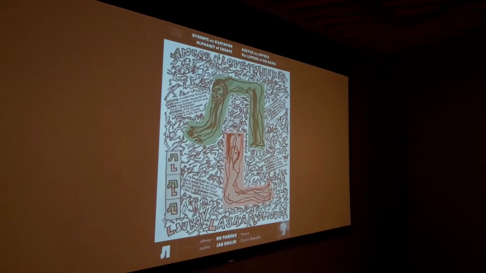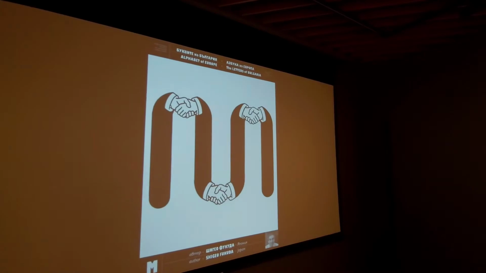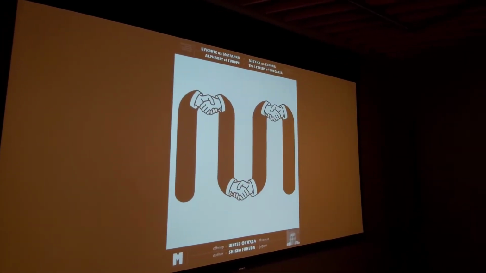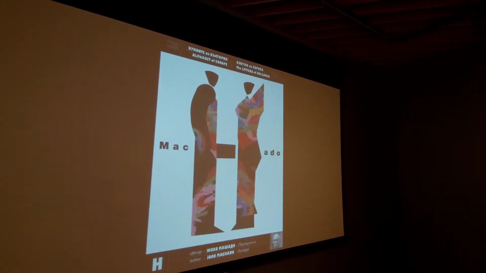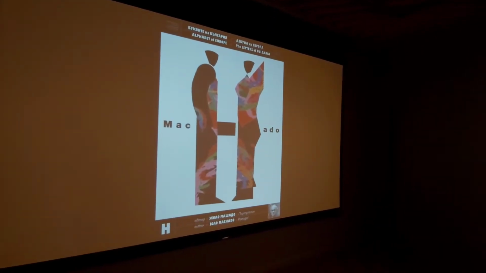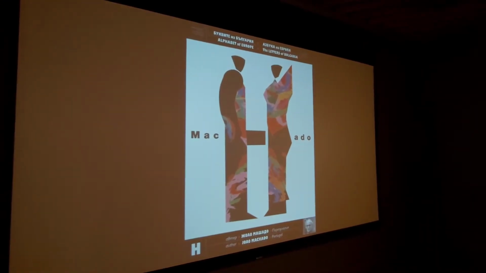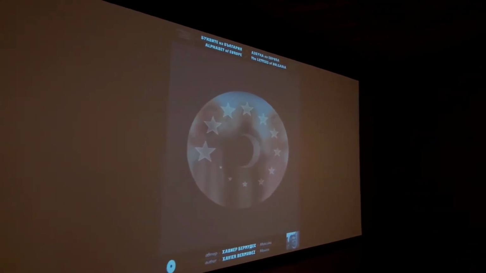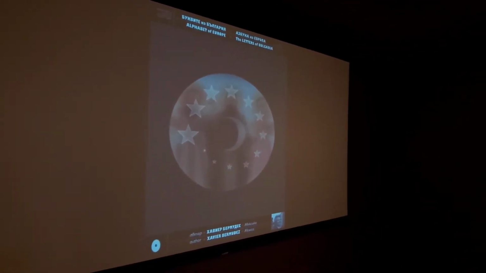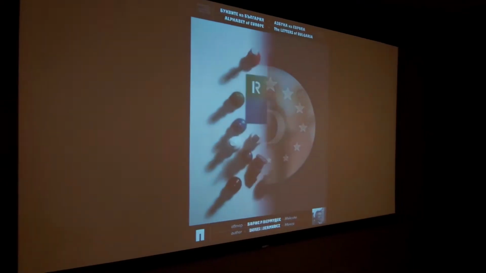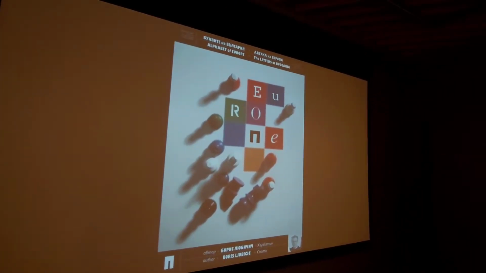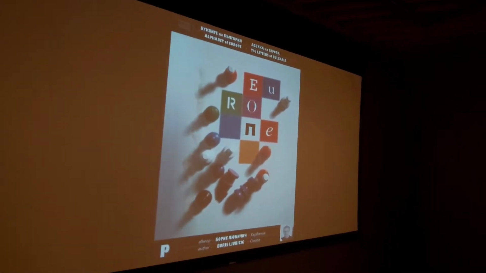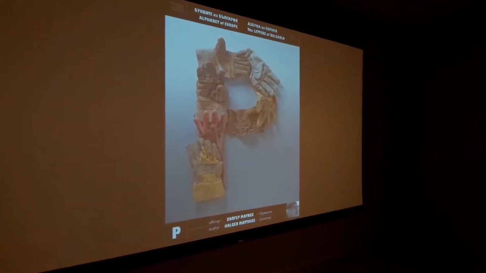There were not only Bulgarian artists, but also from Japan, from the Czech Republic, and from many other parts of the world, which means that other artists can see that our alphabet is unique and it should be represented in art. Europe, which is written with Bulgarian and English letters.